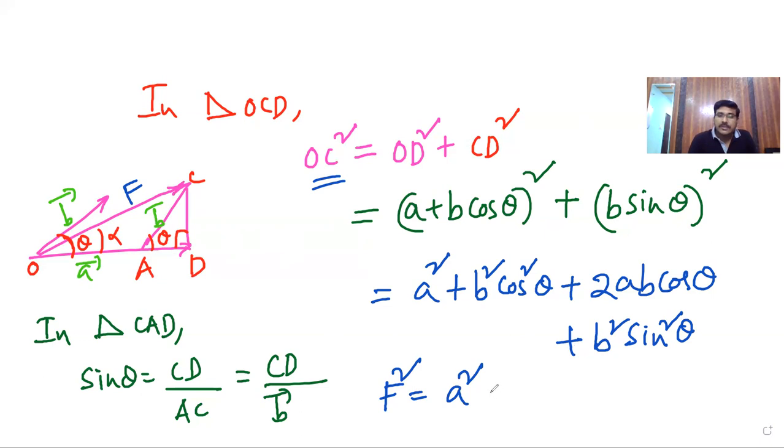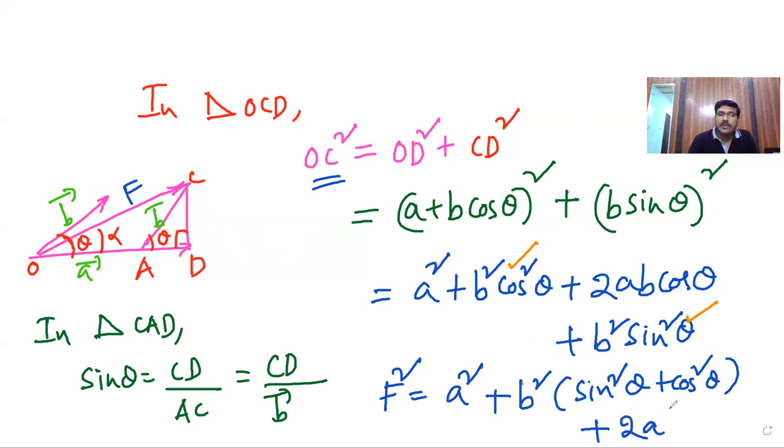Observe, in these terms, B square cos square theta and B square sin square theta, B square is common. So B square times sin square theta plus cos square theta, plus 2AB cos theta.